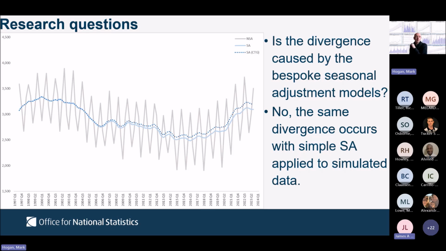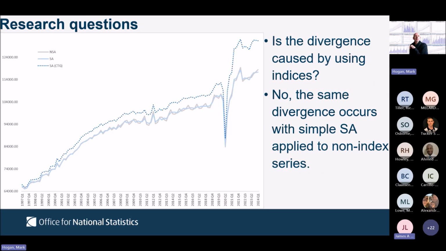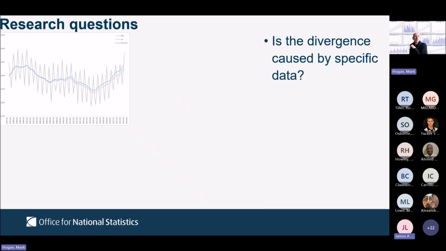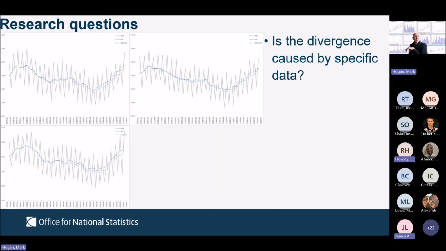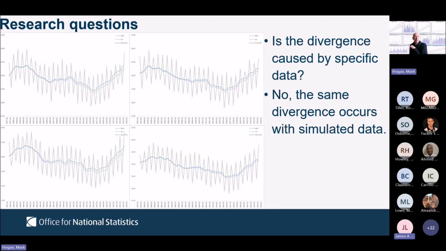And so instead of doing this for the indices, I did it for the underlying CVM series. But again, the divergence was present. I then began to wonder whether there was something curious happening with the specific data, and so I simulated several data sets and applied these methods, seasonal adjustment and contribution to growth. But for each of the simulations, this divergence still occurred.